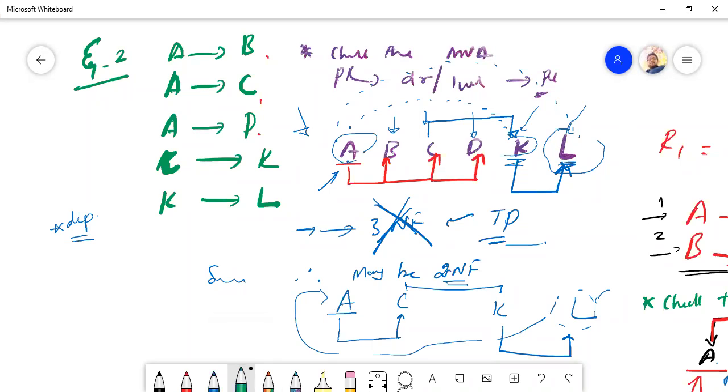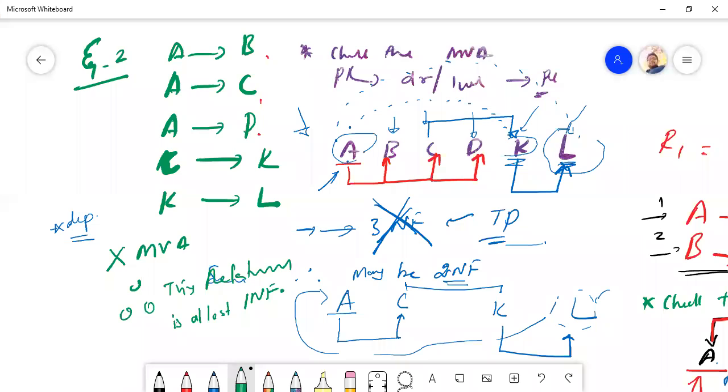If all the attributes are depending on A, we can say no multi-value attributes exist. So this relation is at least in first normal form.